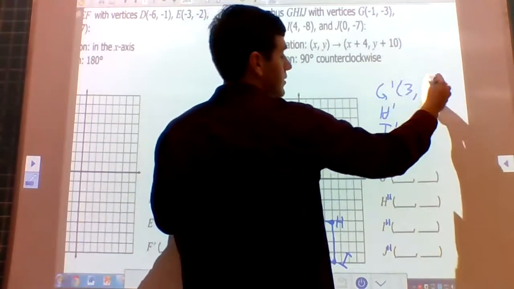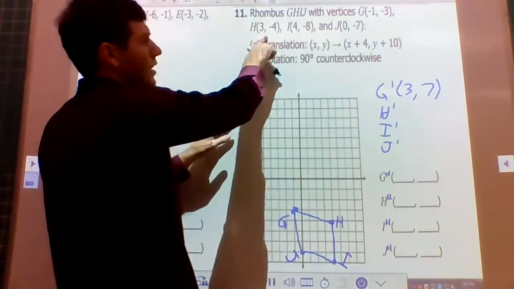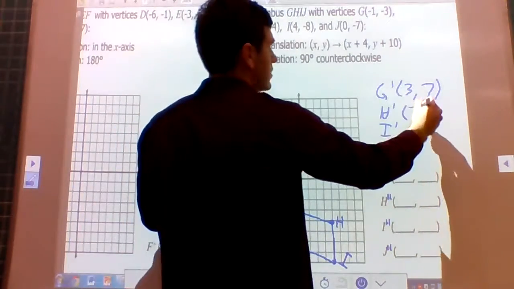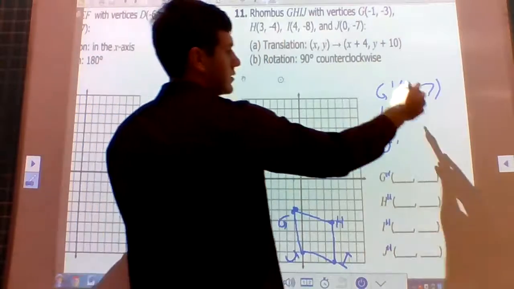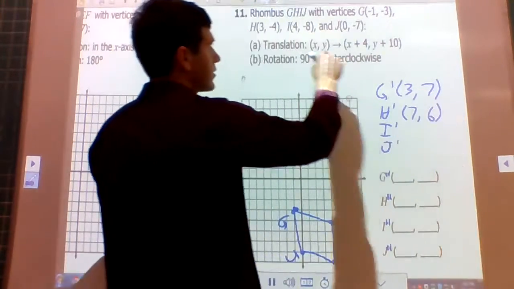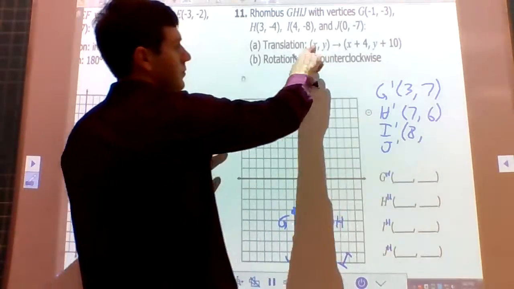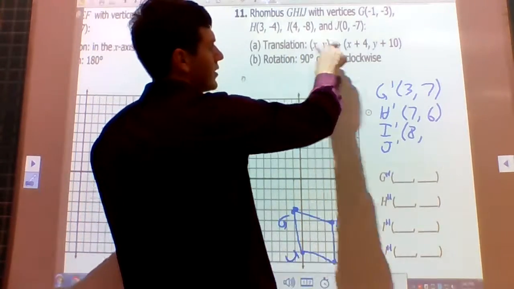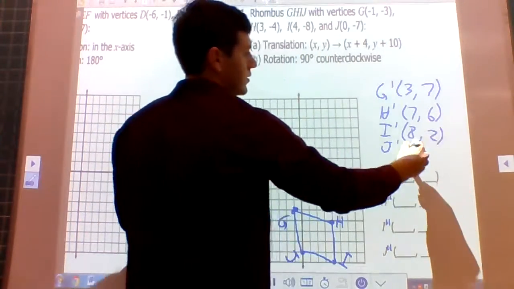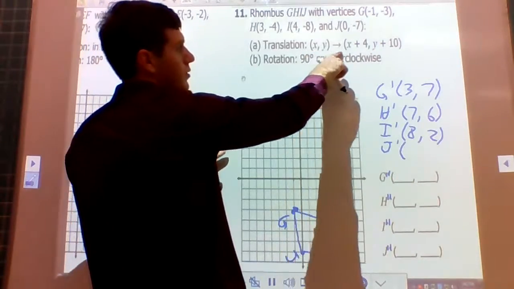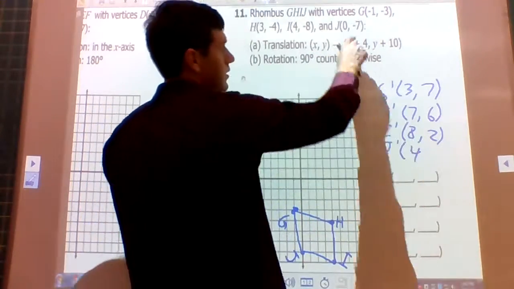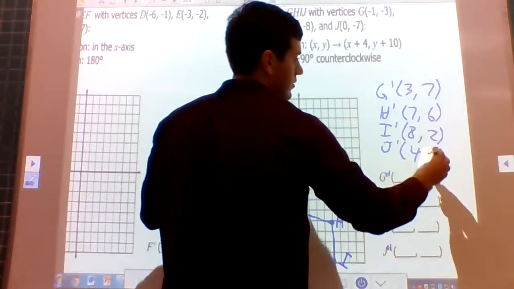Negative 3 plus 10 is going to give us 7. 3 plus 4 is 7. Negative 4 plus 10 is 6. 4 plus 4 is 8. Negative 8 plus 10 is 2. 0 plus 4 is 4. Negative 7 plus 10 is 3.